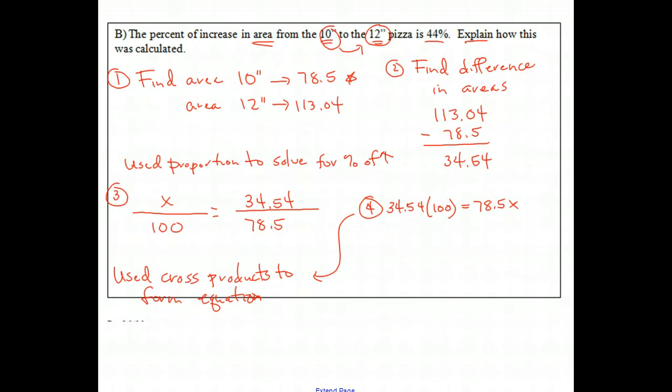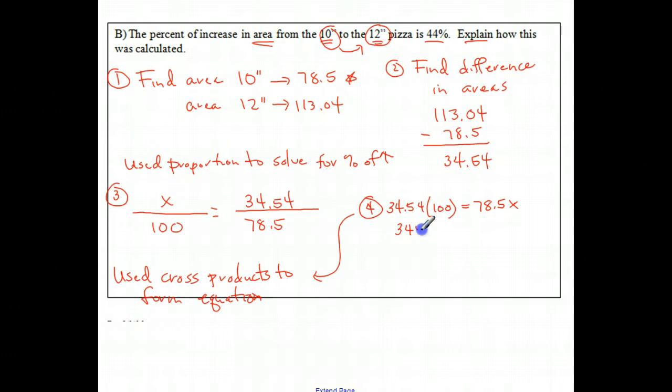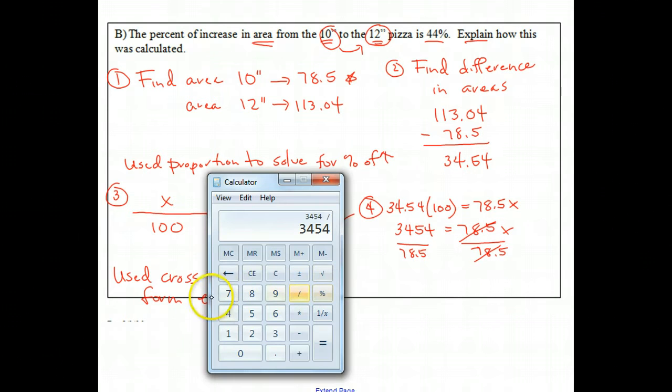I would then multiply these together. 3,454 is equal to 78.5x. I'm going to solve for x by dividing both sides by 78.5. That doesn't seem right. I must have hit a wrong button. 3, 4, oops.